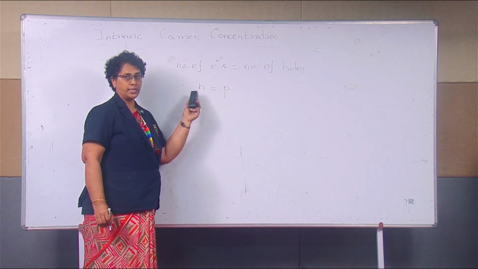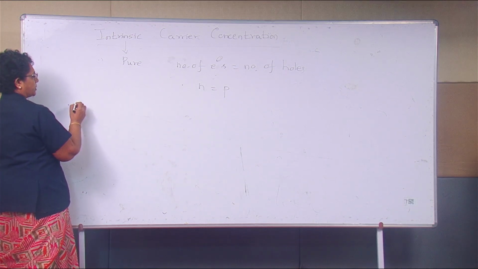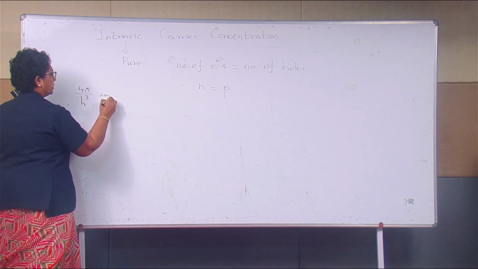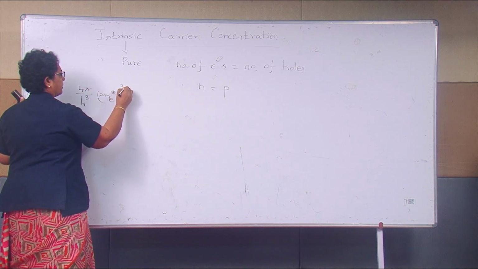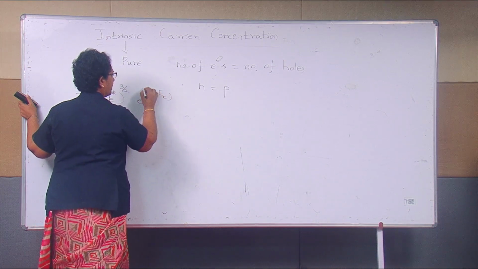Now we have to substitute the expression for both and simplify. What was the expression found for that? 4 pi by h cube (2m e star) to the power 3 by 2 e to the power of (EF minus EC) by kT.